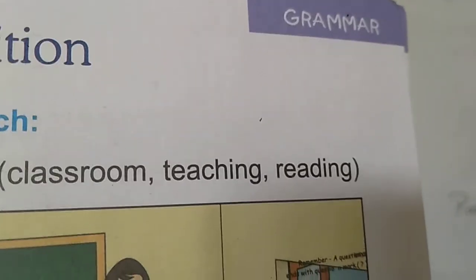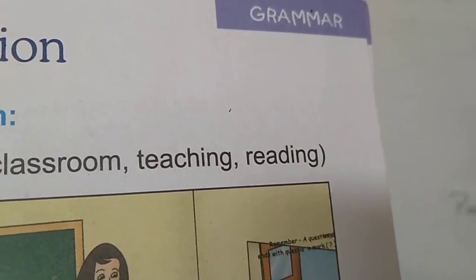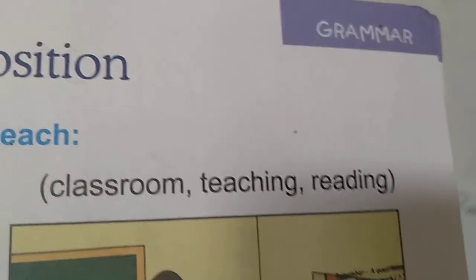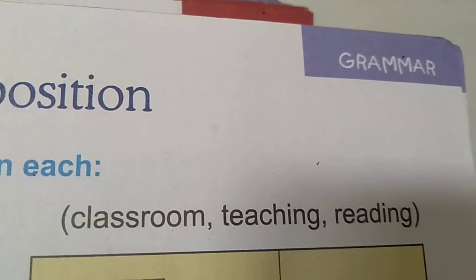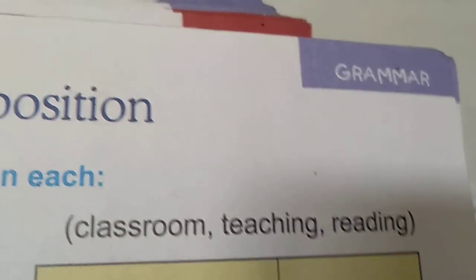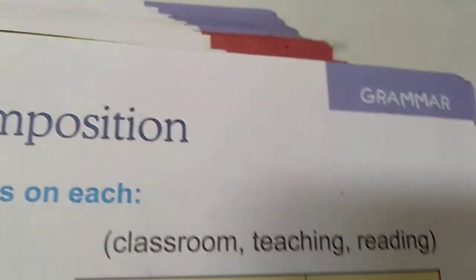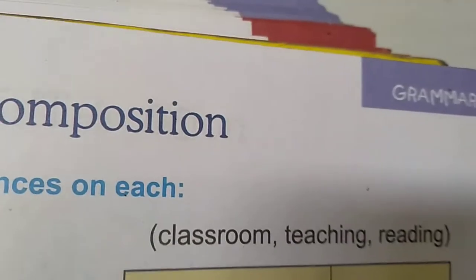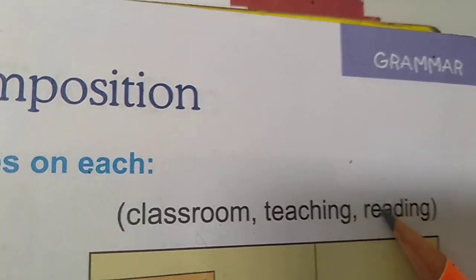How many words? 3 words. Now what do we have to do? We have to use these 3 words and make 3 sentences. You can see classroom, teaching and reading.